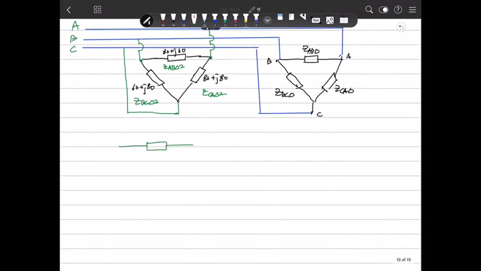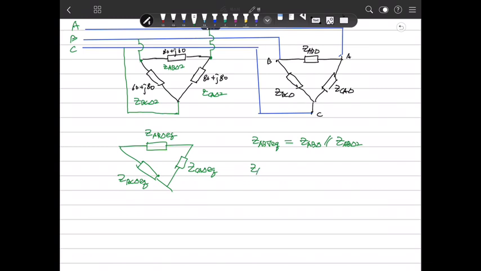So we redefine, we transfer that to one single delta. We define this as GAB delta EQ, GBC delta EQ, and GCA delta EQ. Now GAB delta EQ is the parallel of GAB delta and GAB delta 2.